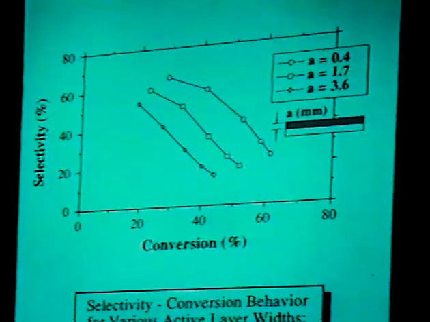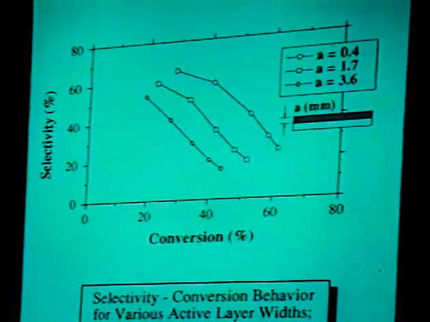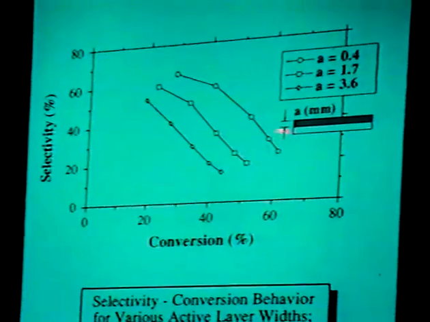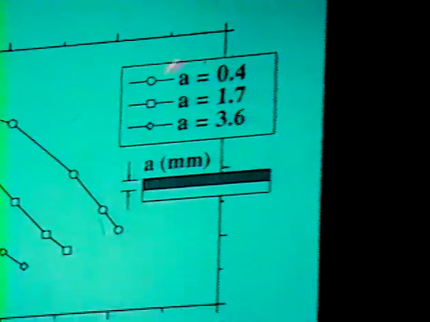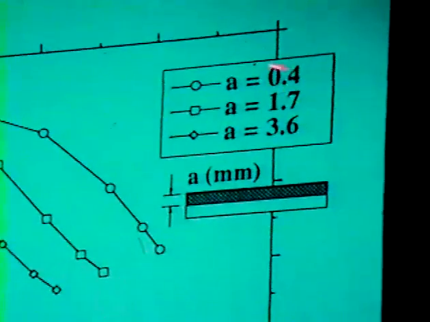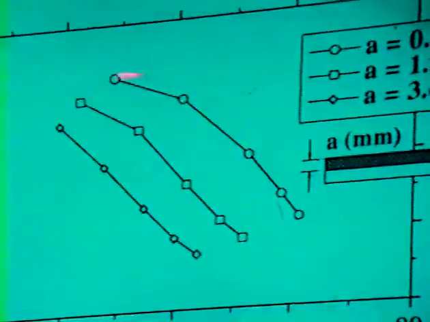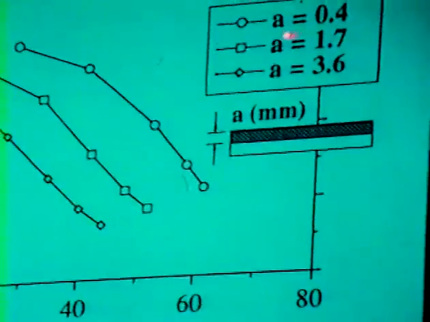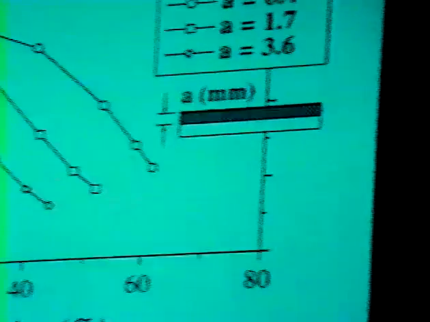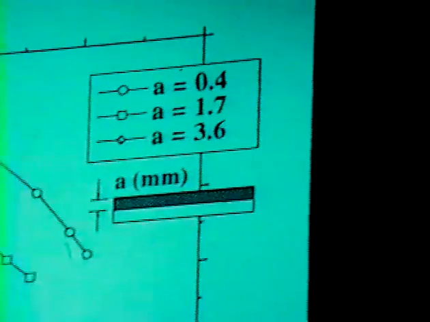We have a certain amount of active powder and a certain amount of inert powder, and we can mix them in different ways. One way is to put all of our inert powder at the bottom and all the active powder at the top. If we do that, we'll have an active layer thickness of 0.4, and that will be this particular curve here.